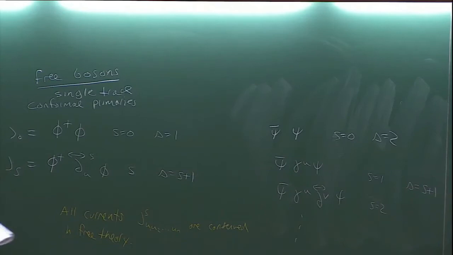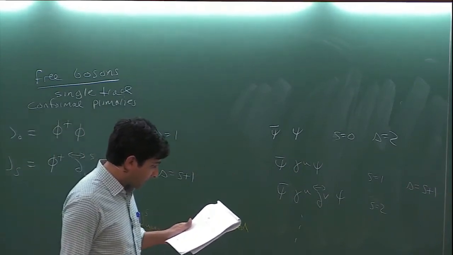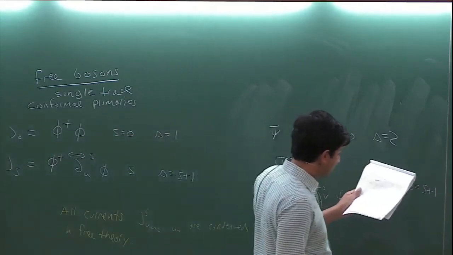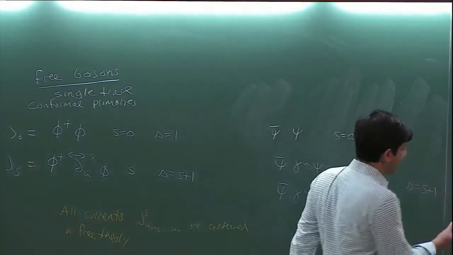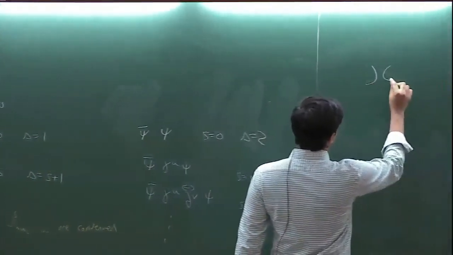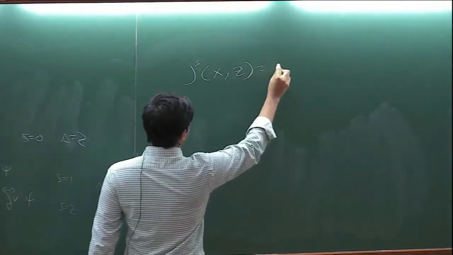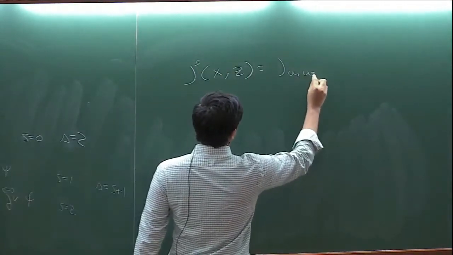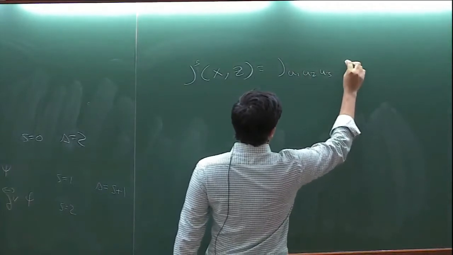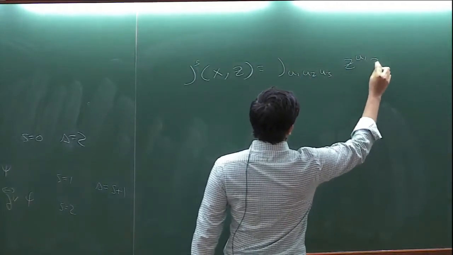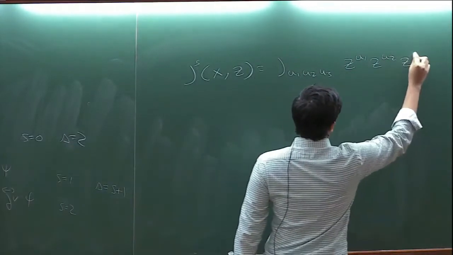Okay. So I'll not write down the currents very explicitly, just when I do write them down, I just define a little bit of notation. Instead of writing all the indices down, I will sometimes use a null vector.